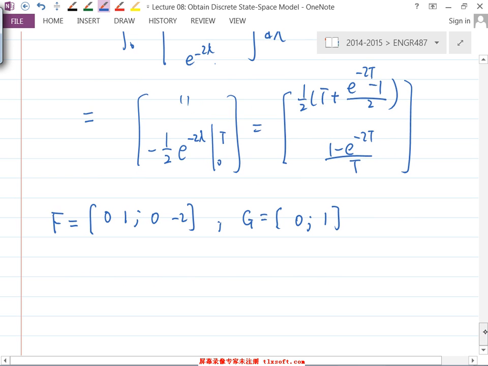Then use C to D: putting in the F and the G and the sampling time, you'll get A and B. It's pretty simple. The default is zero order hold. You can always specify another method, but if you don't, the default is zero order hold.